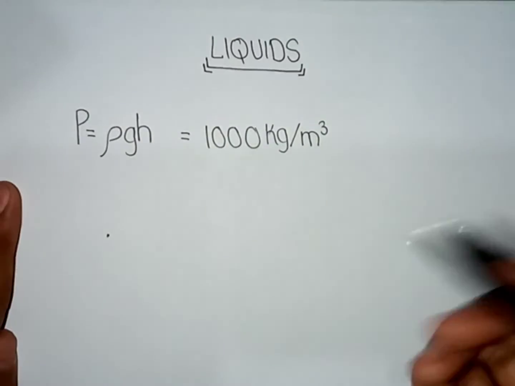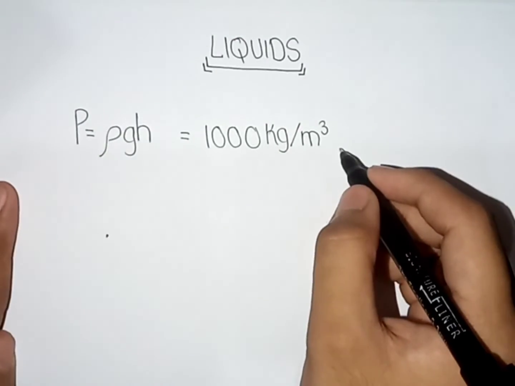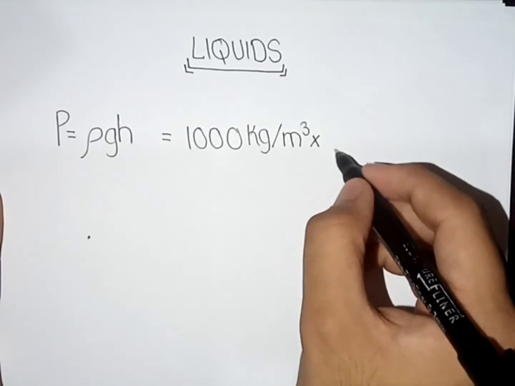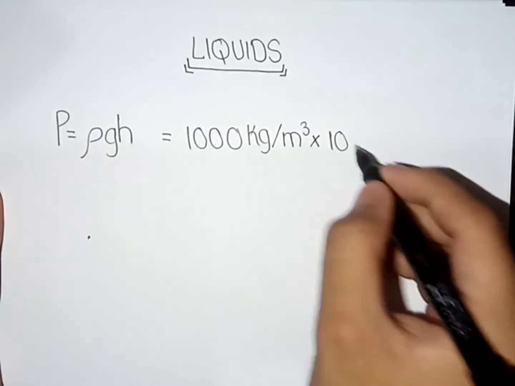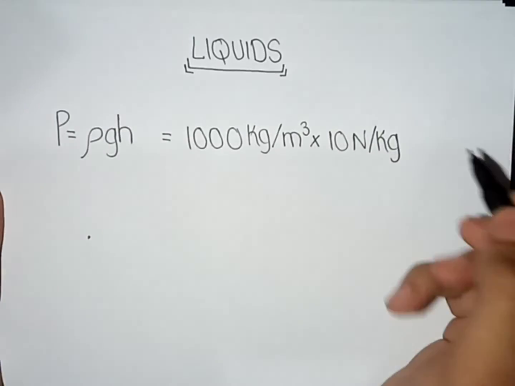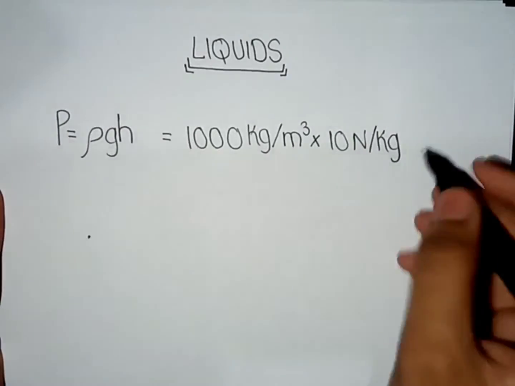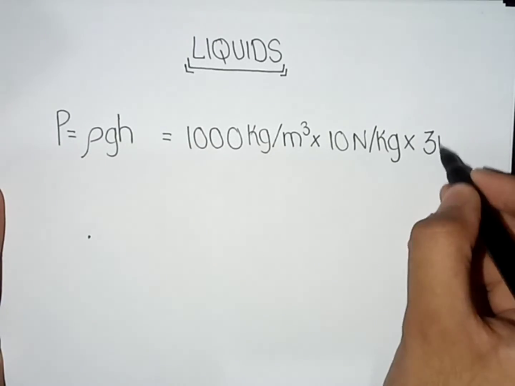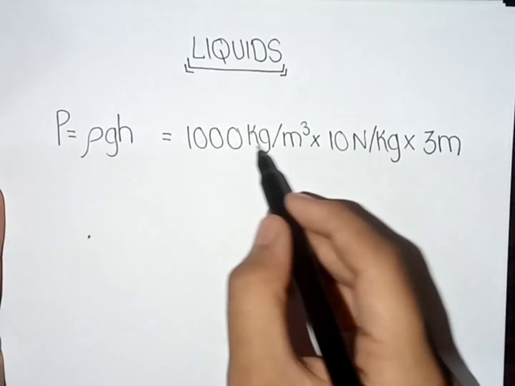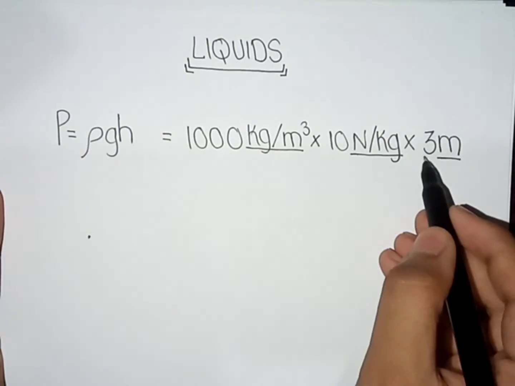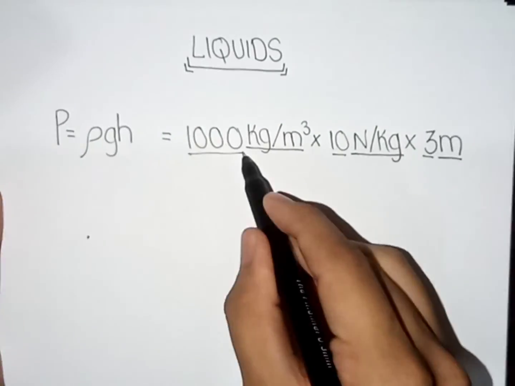Now multiply by 10, the gravitational field strength, whose SI unit is newton per kilogram, multiplied by the height, for example 3 meter. So you need to also understand the SI units while calculating the values.